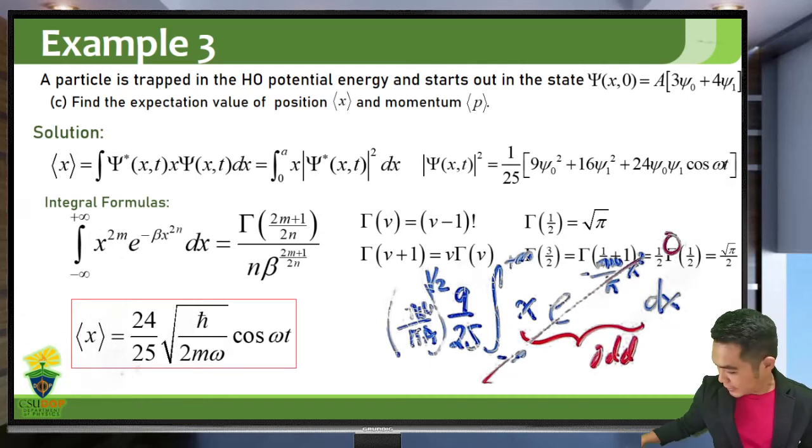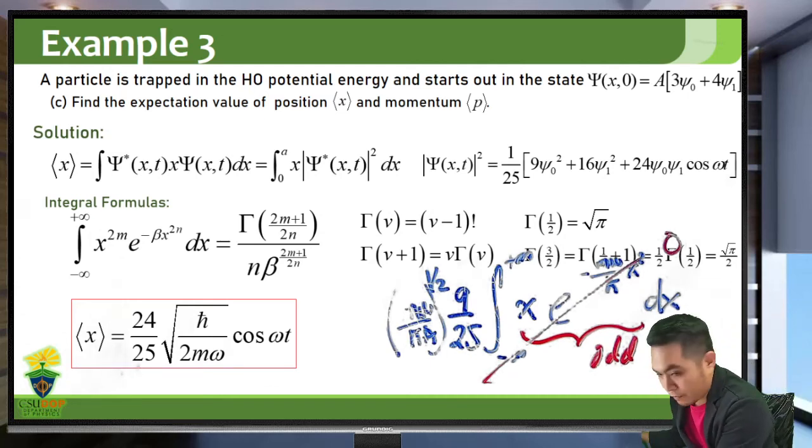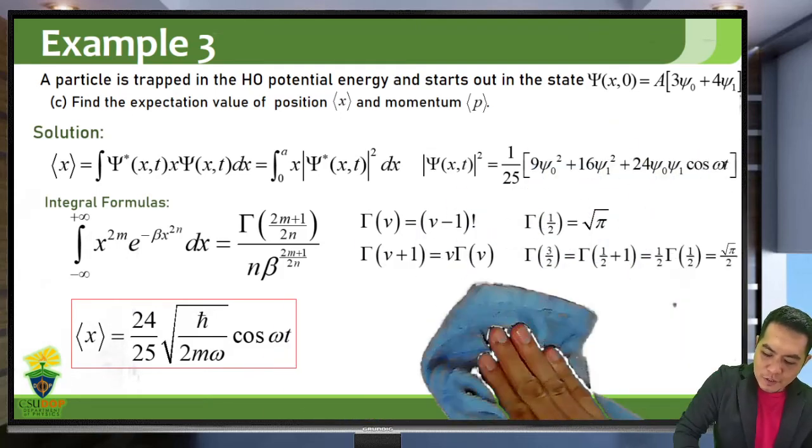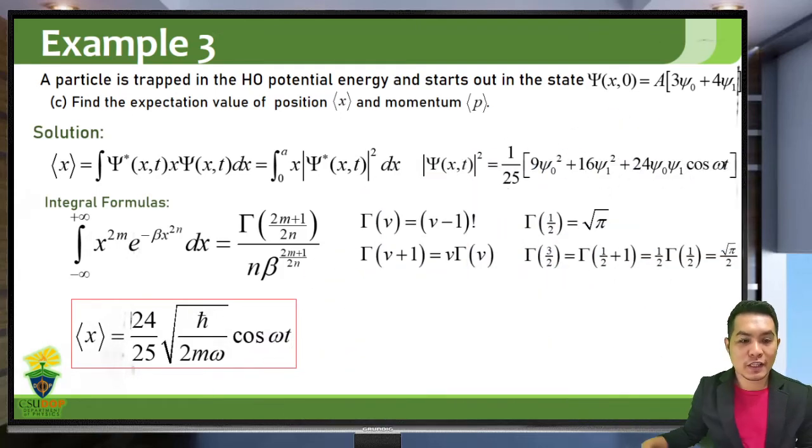So you will notice that the average position is oscillating with time, similar to the previous lesson. The frequency of oscillation is omega, similar to the angular frequency of the harmonic oscillator, 1/2 m omega squared x squared.